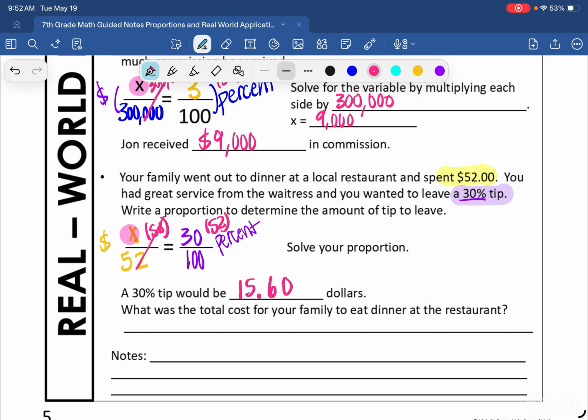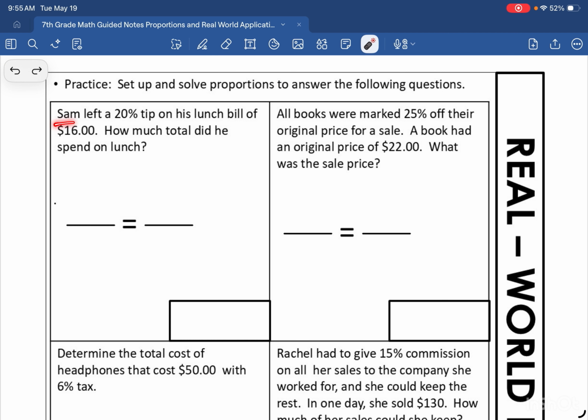So that would be a 30% tip, would be $15.60. What would the total cost be for your family to eat dinner at the restaurant? Well, it cost me $52 plus the tip, which was $15.60. My total cost would be $67.60.